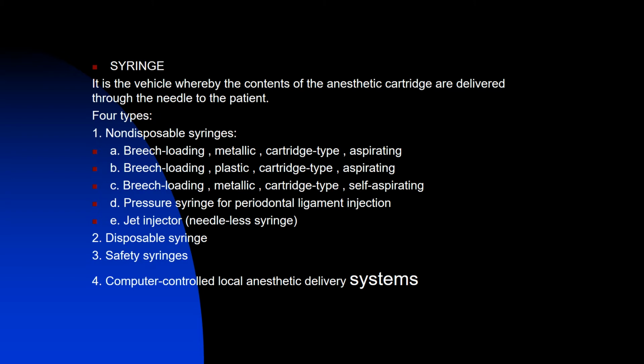Non-disposable syringes include breech loading, metal cartridge type, and aspirating one. Breech loading type with the plastic one is there. Breech loading with the metallic cartridge with the self-aspirating is there, and pressure syringe for the periodontal ligament injection and jet injector. Then the other one, the normal one, is disposable syringe and safety syringe.